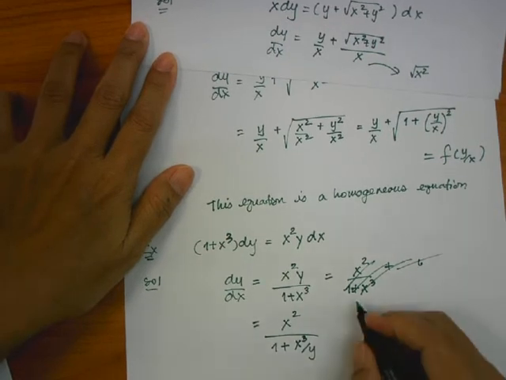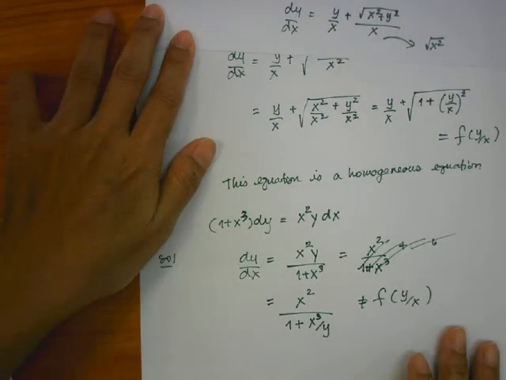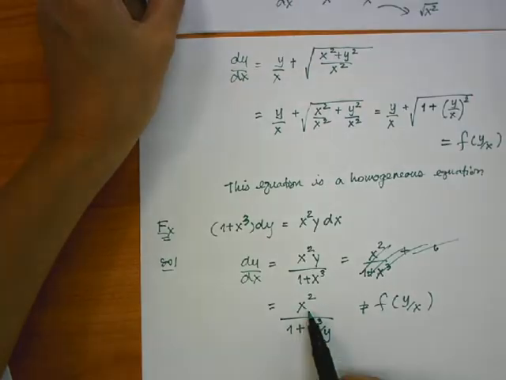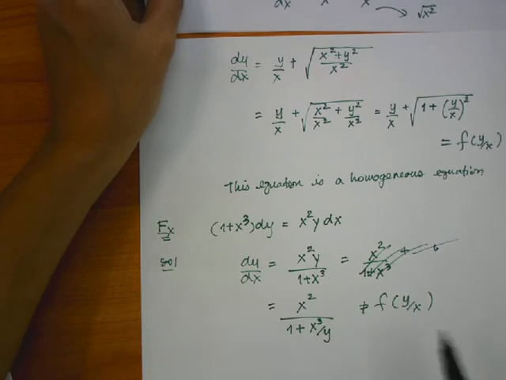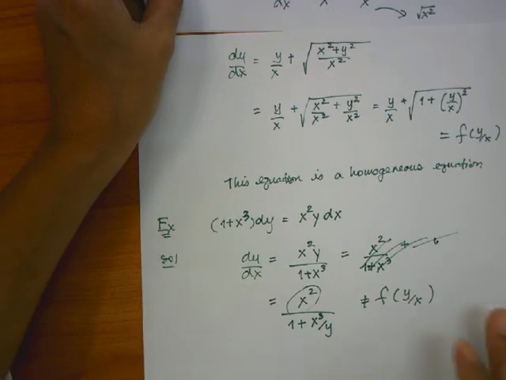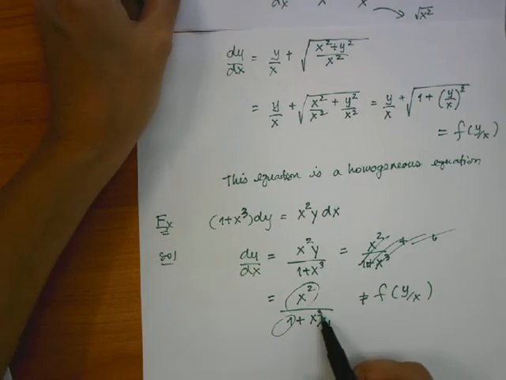So it's not a function of y over x. If it were a function of y over x, you would have x divided by y to the power 3 divided by 1 plus x to the power 3 over y to the power 3. But this one is not, because you have x squared, and this one is y over x to the power of 0. But this one still is not, because you have x to the power 3 divided by 1.